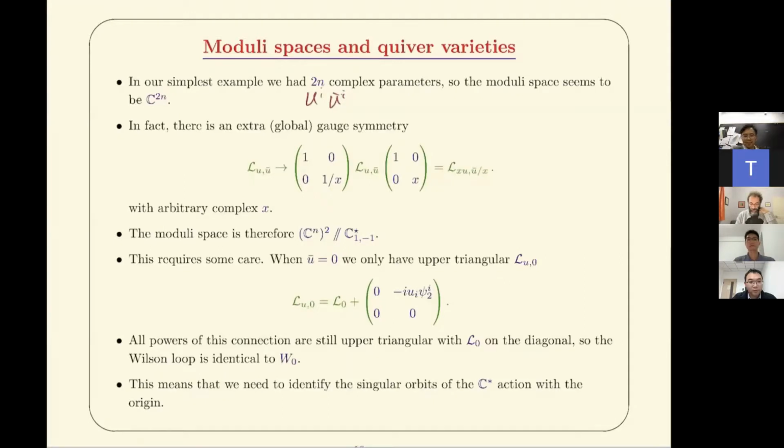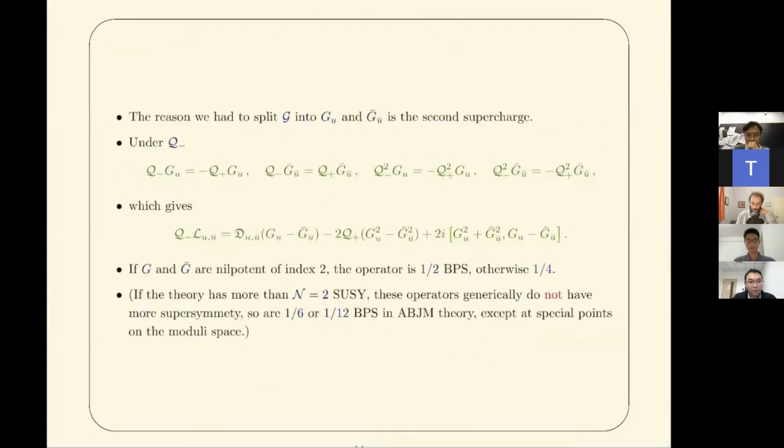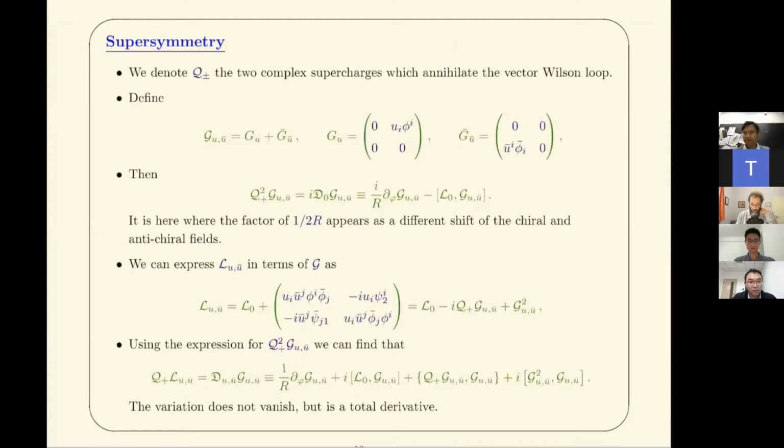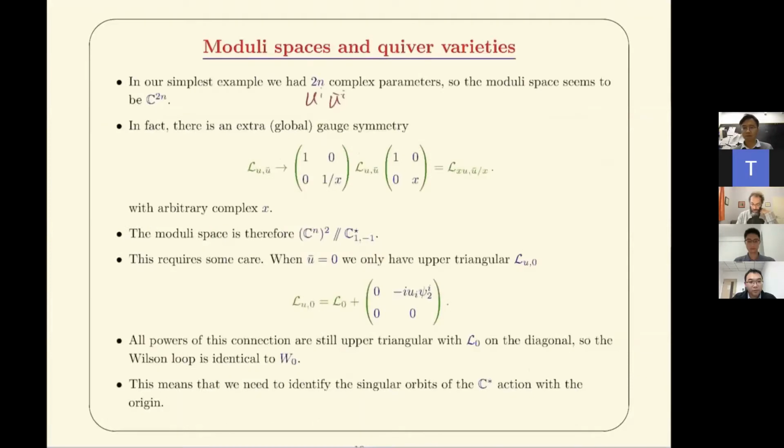And if you see how this acts on the U's, the U I had on the diagonal, I had a combination of a U bar that would be invariant, but here on the off diagonal, these U's would be scaled by either X or 1 over X. So it changes the loop with a U, U bar into a loop with XU, or U bar over X. So I'm modding out this C to the 2n by 1 C star parameterized by this X, acting by multiplication, division on the 2 copies of these C to the n.